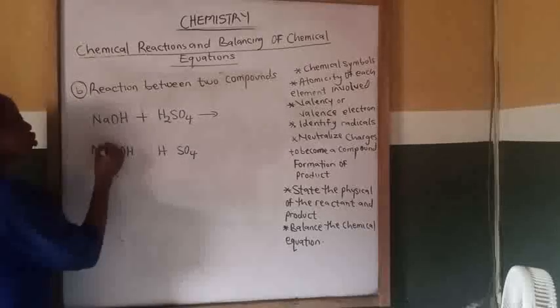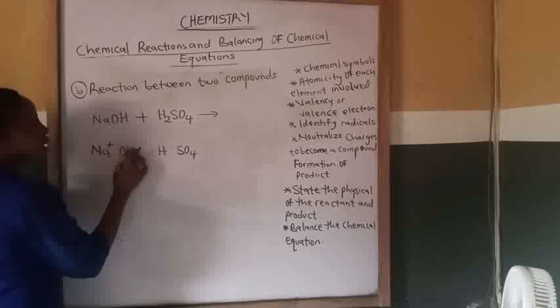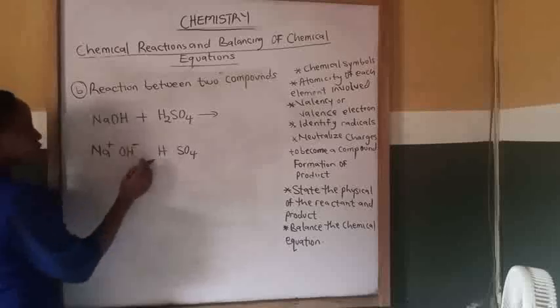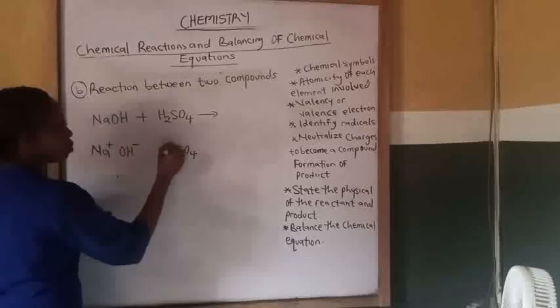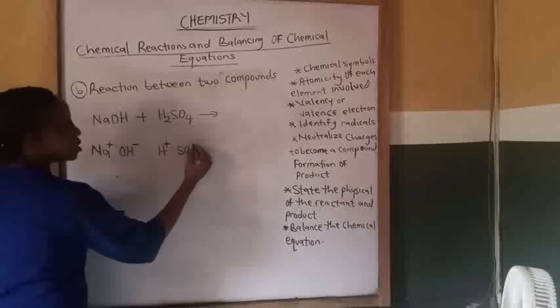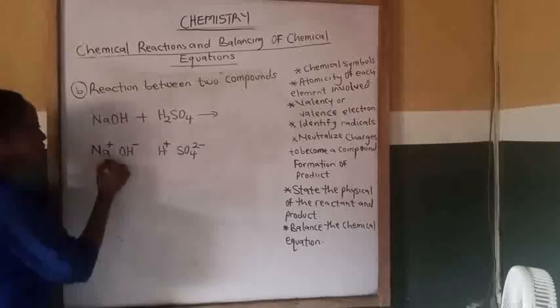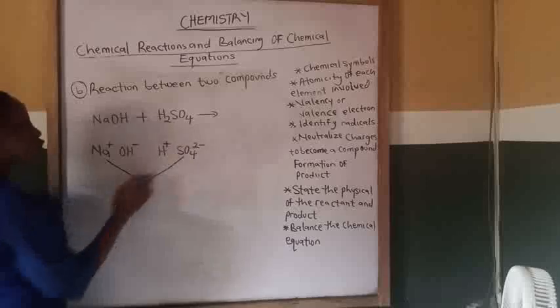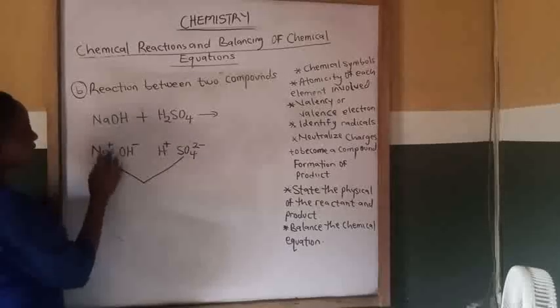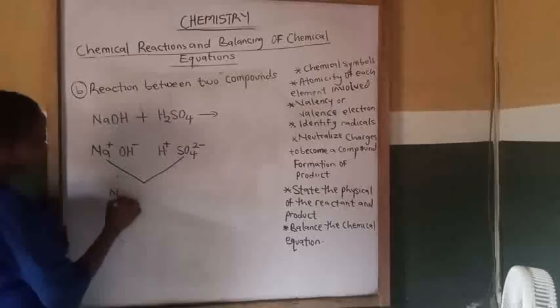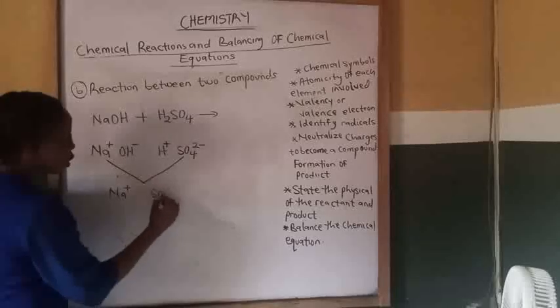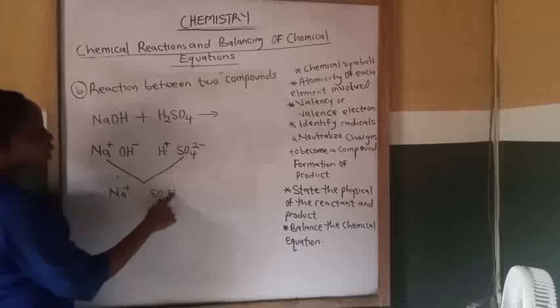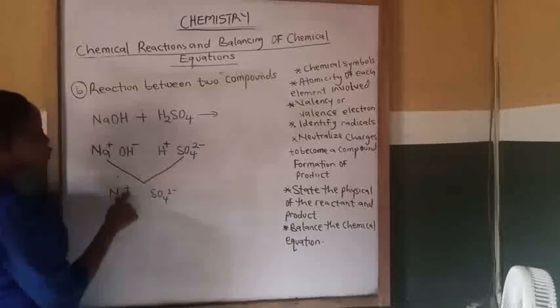So once the charge on sodium is plus, the charge on hydroxy ion is minus, the charge on hydrogen is plus, then the charge on SO4 is what? Is 2 minus. So you take positive here, you take negative here. Then the charges must neutralize each other. So at this side, sodium is plus 1, but SO4 is 2 minus. So minus 2 will not cancel plus 1.